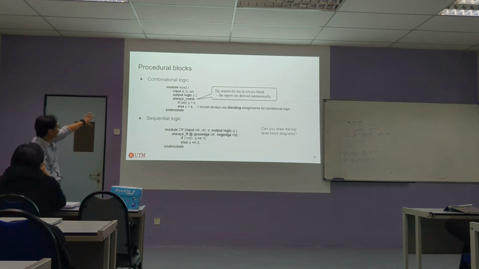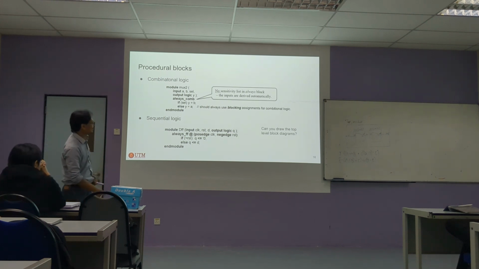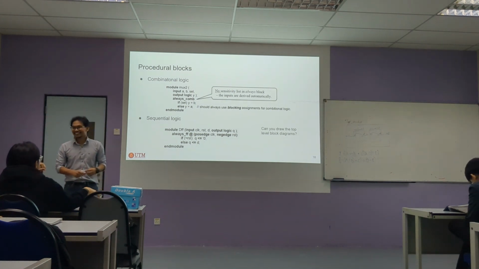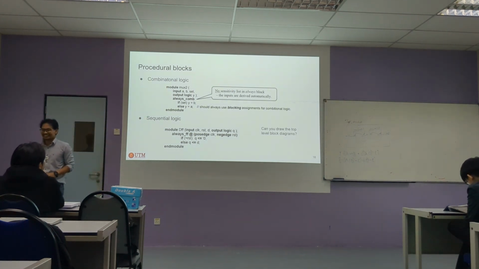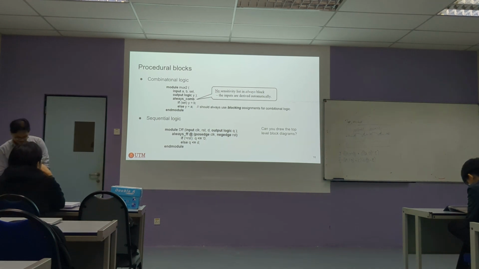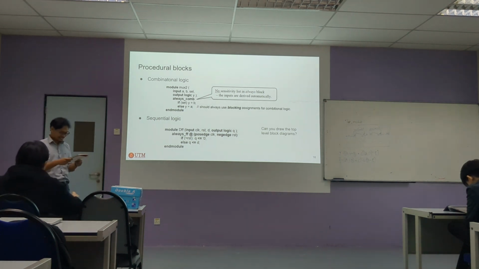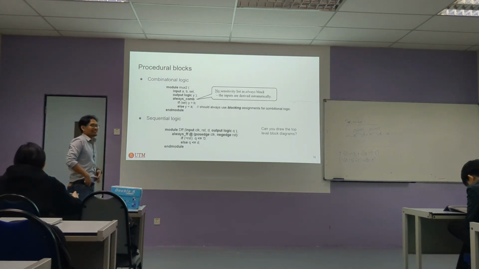Okay, so the top part there is a 2-to-1 mux, right? It's a 1 bit 2-to-1 multiplexer, and down there is just a simple flip flop. So let's draw the block diagram. It should be a very easy one. There's the top level block diagram: multiplexer 2-to-1, and then the flip flop.